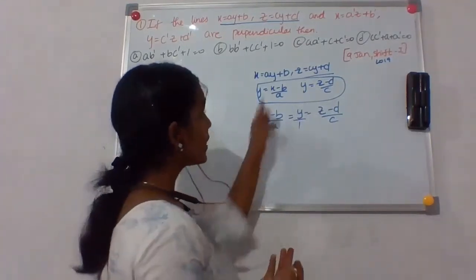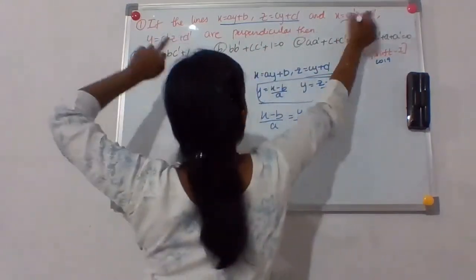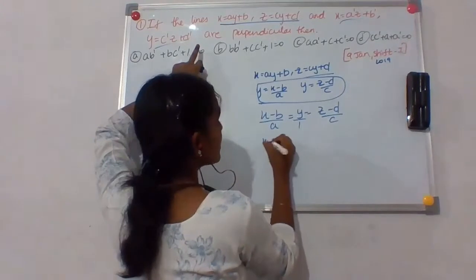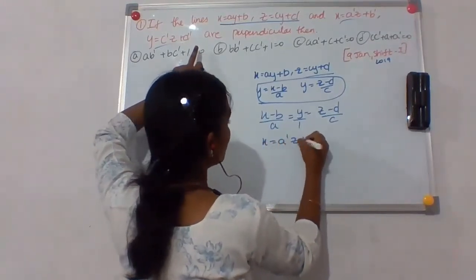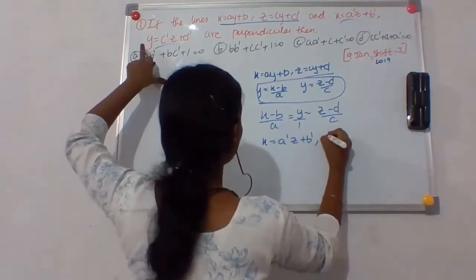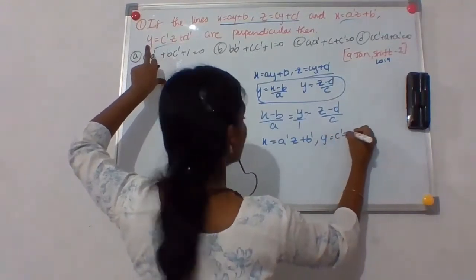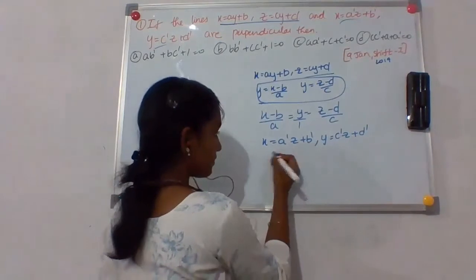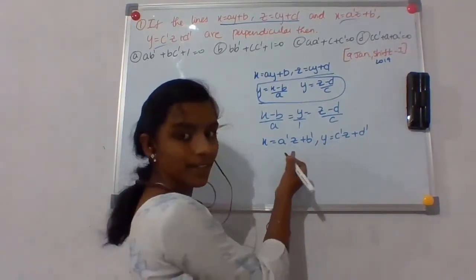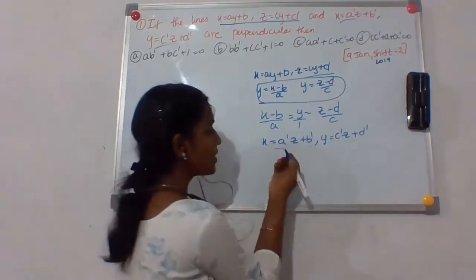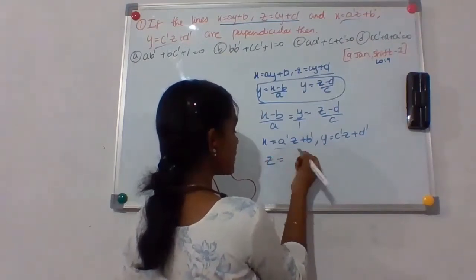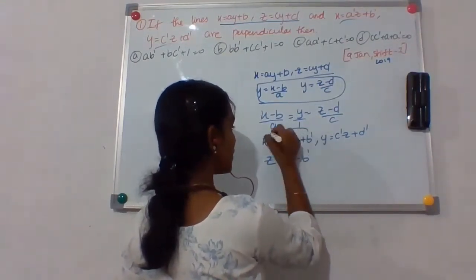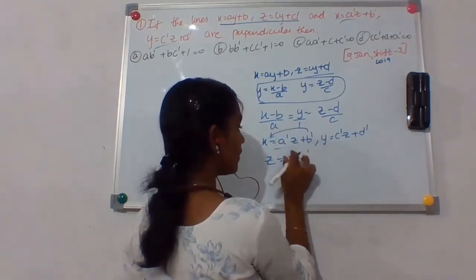Now, let us look into the second equation, this one. In the same way, we have to convert this also. x is equals to a dash z plus b dash, and the other one is y is equals to c dash z plus d dash. Okay. So now, let me write the value of z from this equation. What I get? z is equals to x minus b dash by a dash.